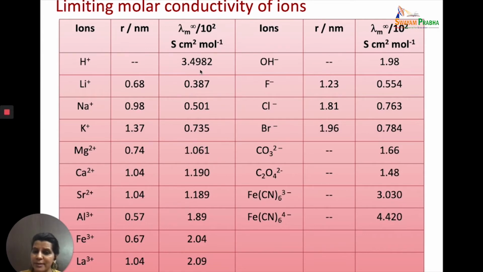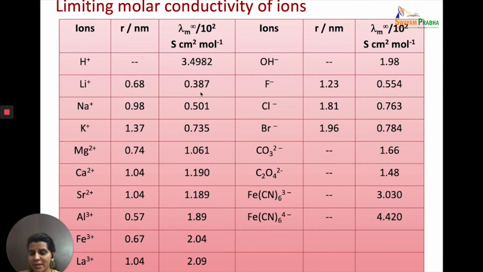So the difference is really 5 to 10 times more than for other ions. So H+ values are 5 to 10 times more than the other cations.